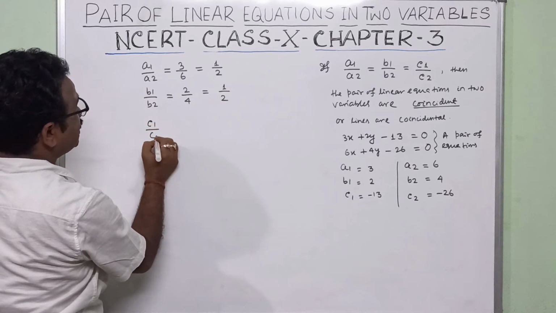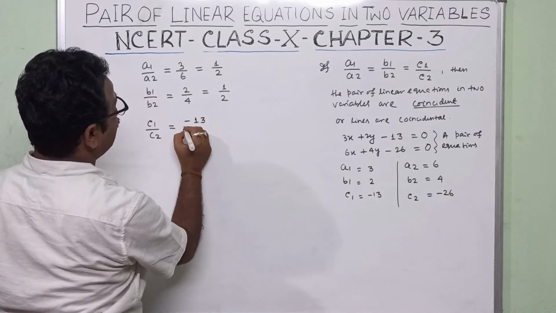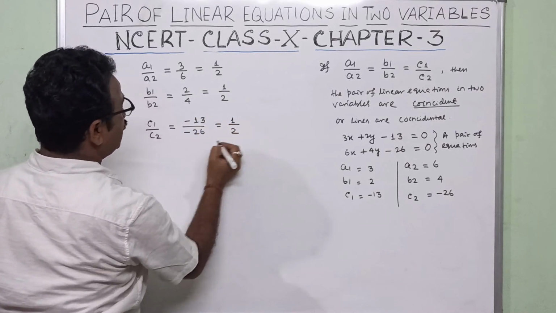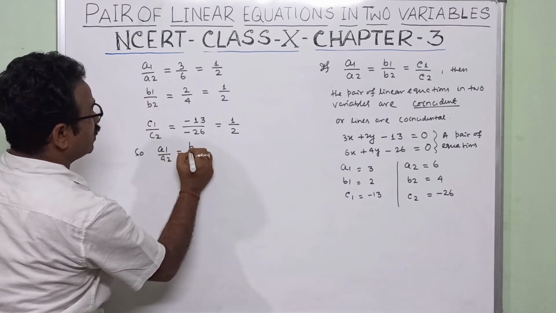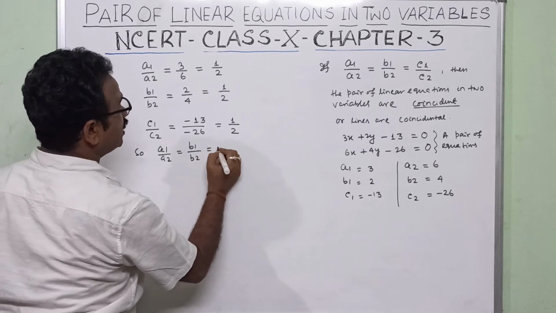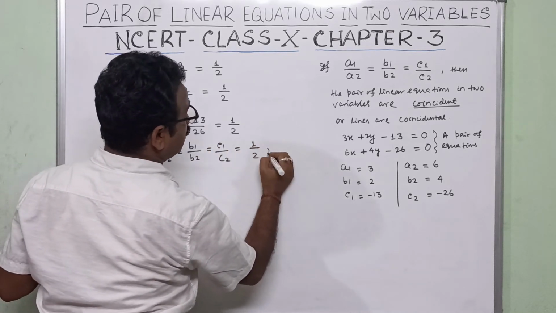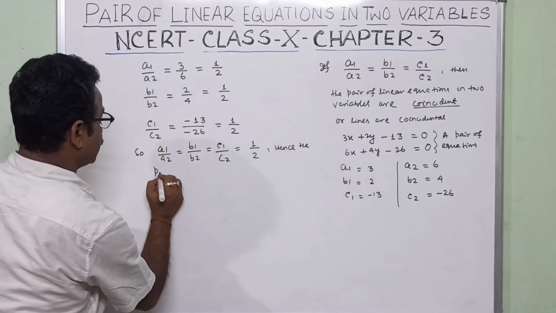Now C1 by C2 is minus 13 by minus 26, also equal to 1 by 2. So A1 by A2 is equal to B1 by B2 is equal to C1 by C2 is equal to 1 by 2.